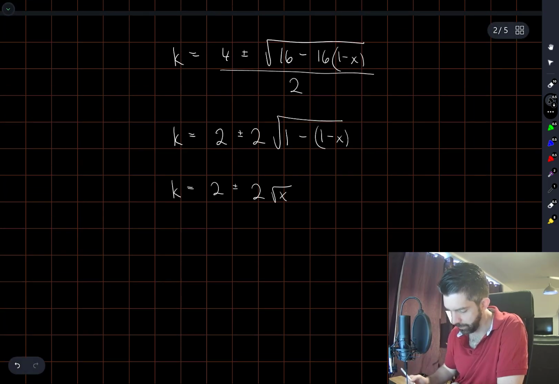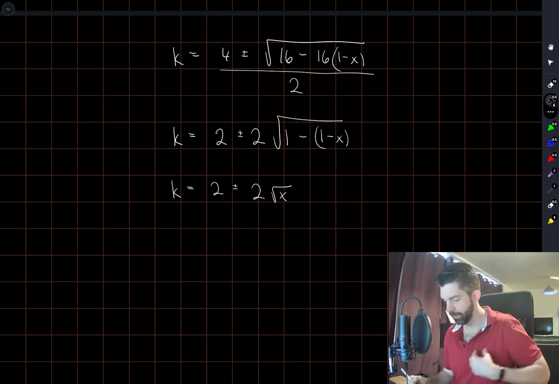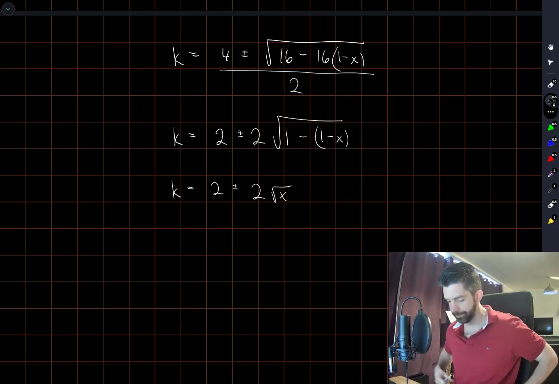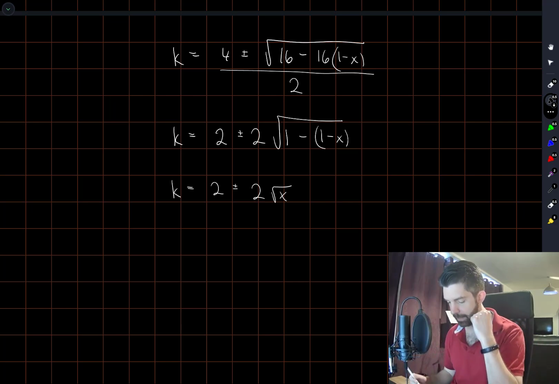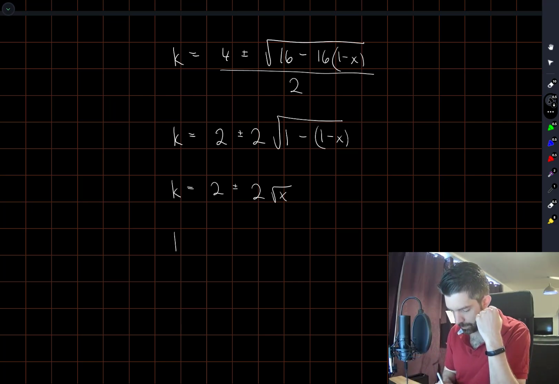Okay, and we know that x is greater than or equal to 1. So in fact, we're not going to take the negative square root sign. We need the positive square root sign.